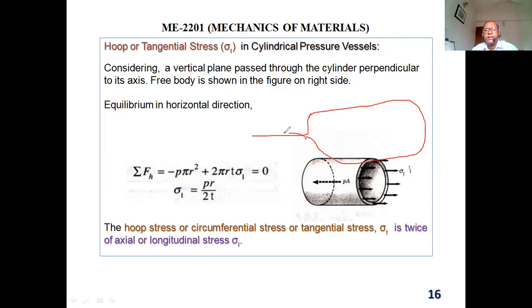Sometimes you see along this direction, the diameter also increases. The diameter increases due to the pressure working along this side, that means it creates sigma T. And the length increases due to the working of sigma L.